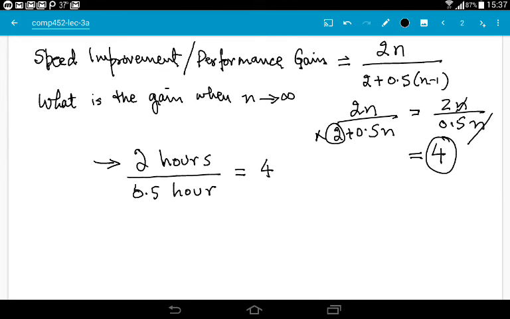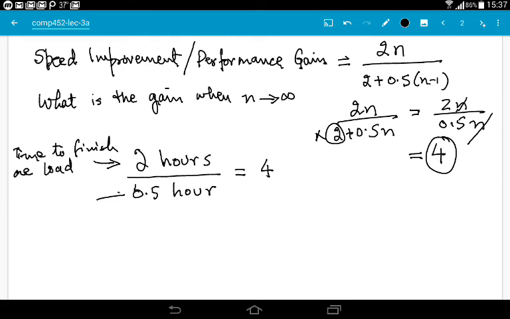This is the time to finish one load from washer to dryer to pressing to hanging, the time to finish one load.